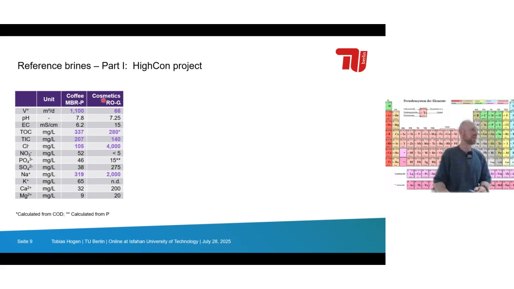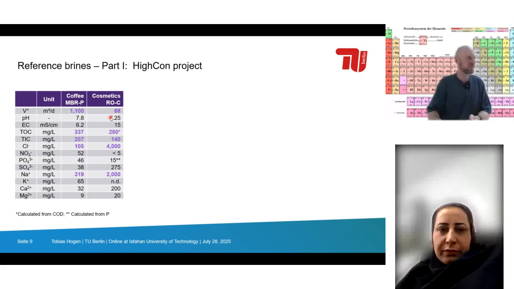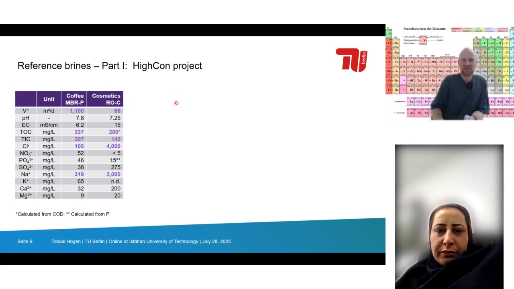And the other one is from the cosmetics industry. Maybe some of you know L'Oreal. They were part of the project with one reference site. And I just tried to highlight the most interesting parameters.